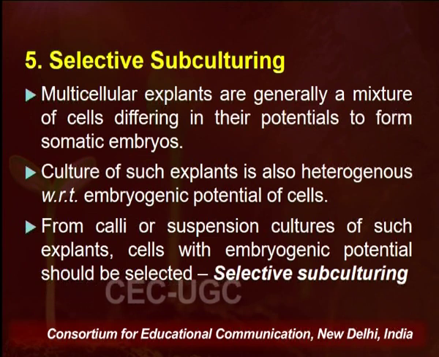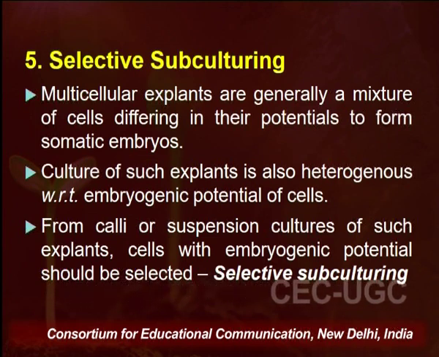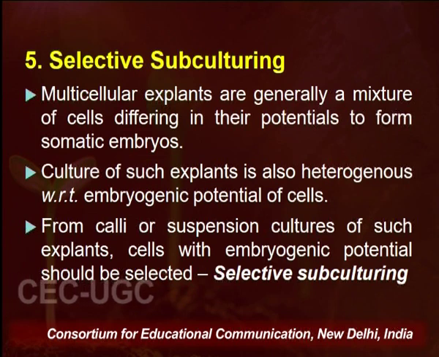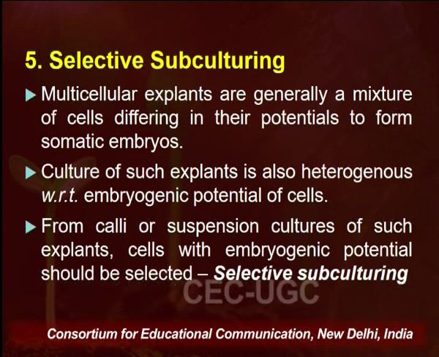Now, from the callus or the suspension culture which has been developed using a multicellular explant or any other suitable explant material, the cells which have a higher propensity or potential to get converted into somatic embryos should be separated, and then such cells should be further cultured to develop into somatic embryos. Such separation of cells having a higher propensity to get converted into embryos, we call selective subculturing.